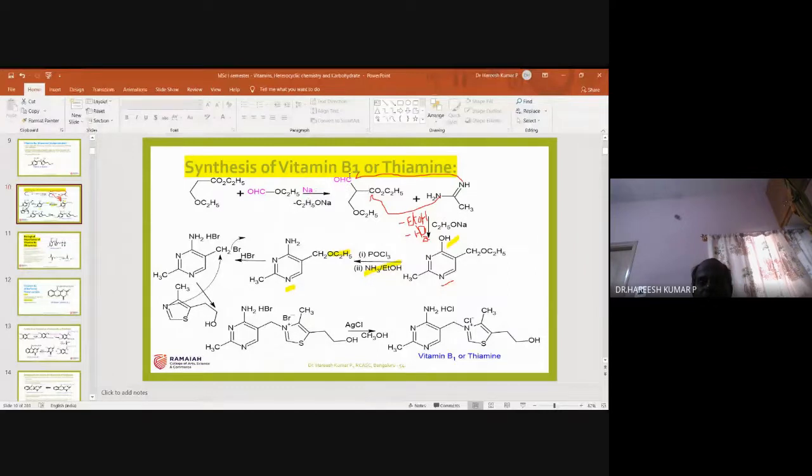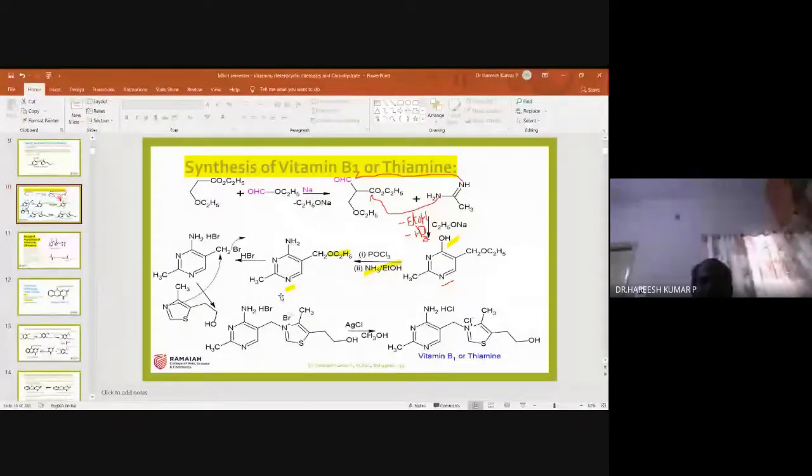This 1,3-dicarbonyl compound on reaction with amidine gives a pyrimidine containing a hydroxy group. This hydroxy is halogenated with phosphorus oxychloride. Then hydroxy is replaced with chlorine. That chlorine is replaced with amino. That is how amino is obtained.